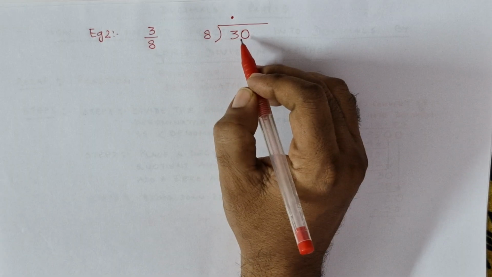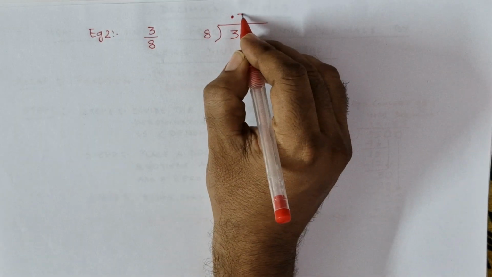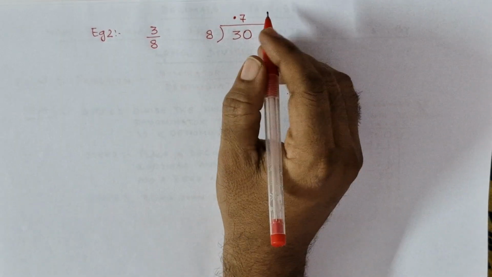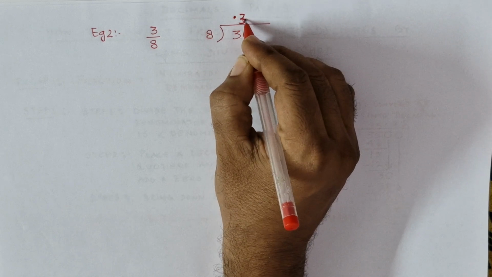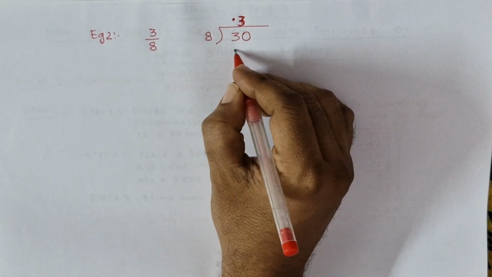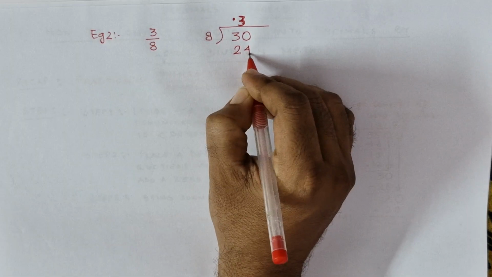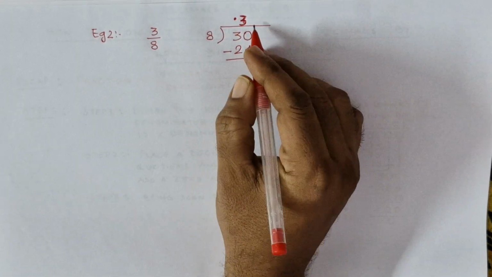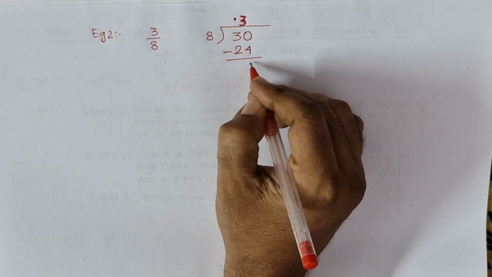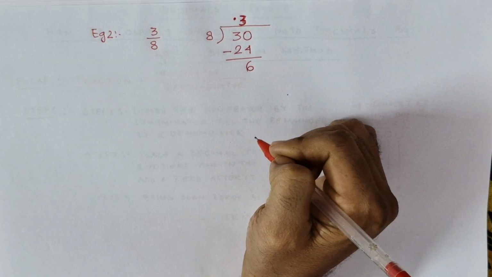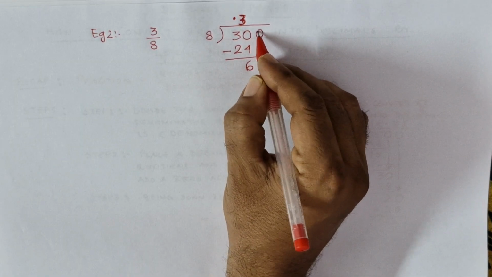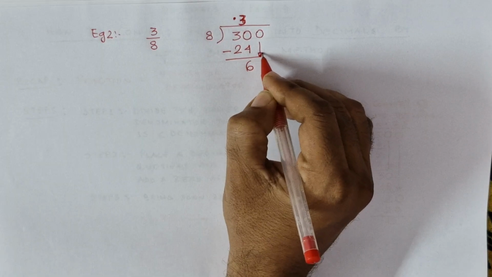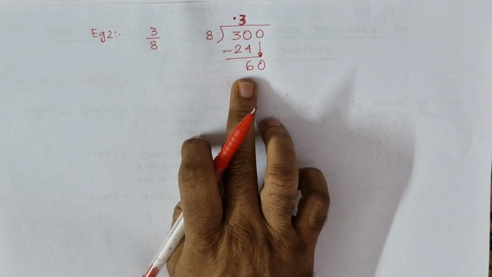Now 8 threes are 24. Subtract, this will be 6. Now add again a 0 as per need, as I told you. So bring it down. Now why are we doing this?